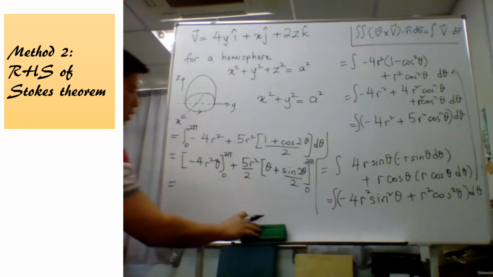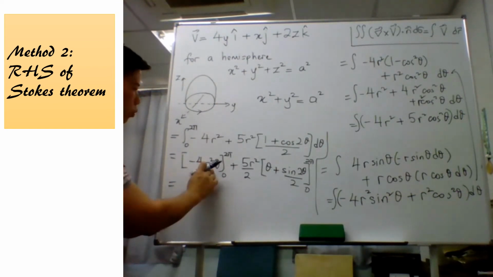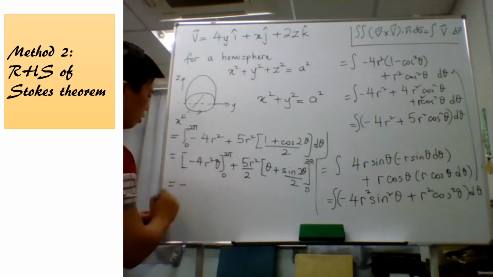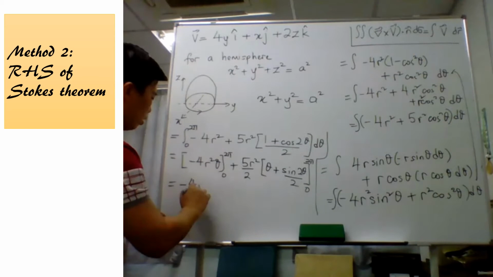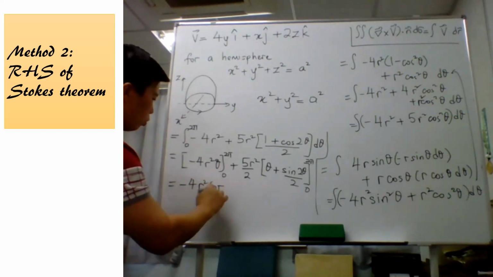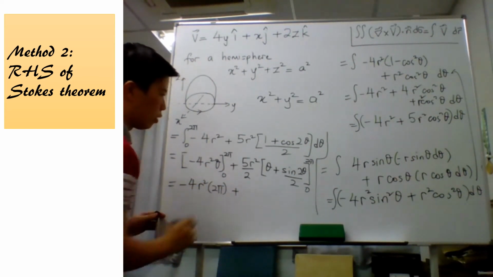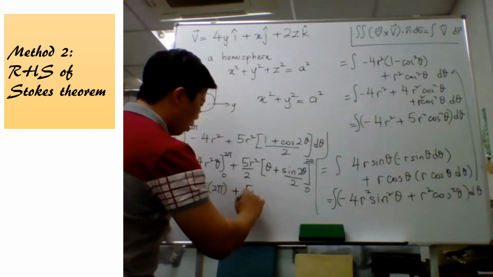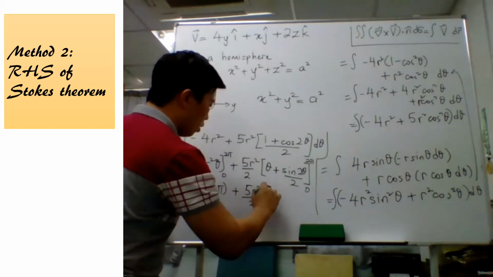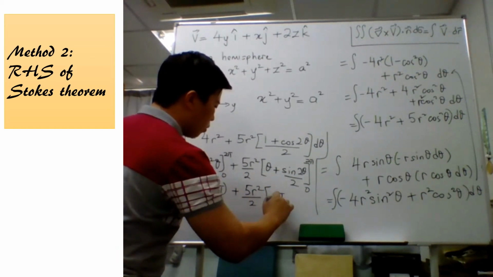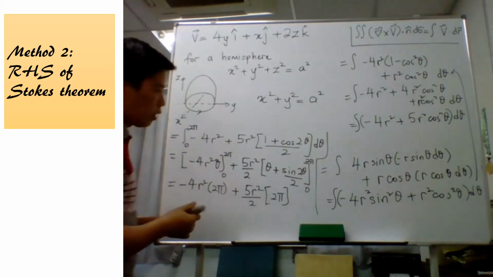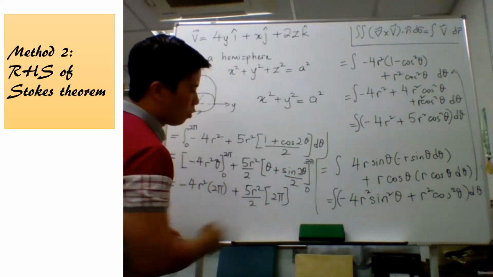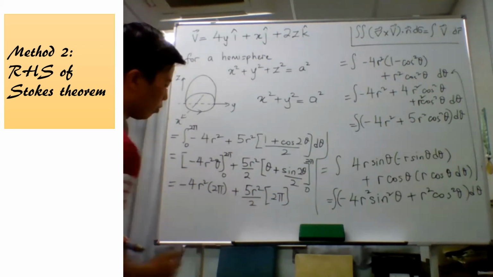So continuing a little bit more, you will have 2 pi over here, so this is minus 4r squared times 2 pi plus 5r squared over 2 times 2 pi as well. Here sine 4 pi is going to be 0, sine 0 is going to be 0, so you only have this term.